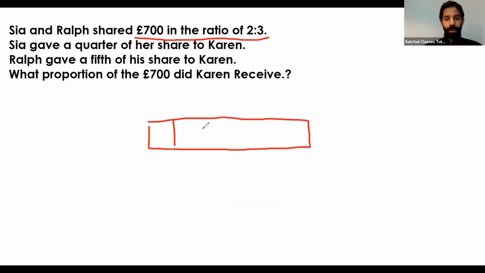So that's 1, 2, 3, 4, and 5. And apologies, they don't look even, but they should be equal parts. So 700 divided by 5 will give us 140. So each part is worth £140.